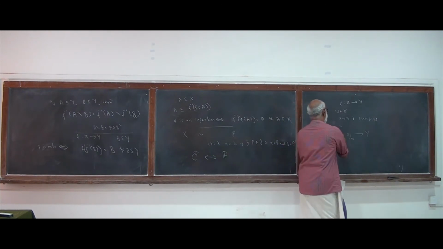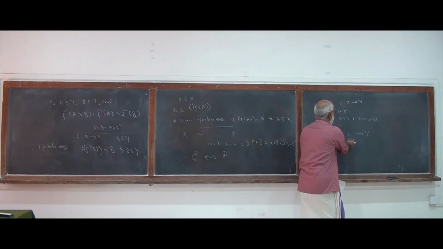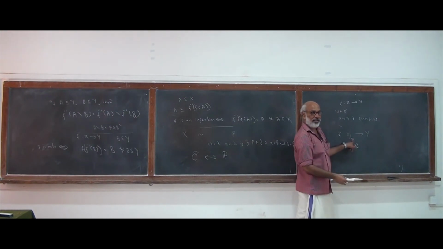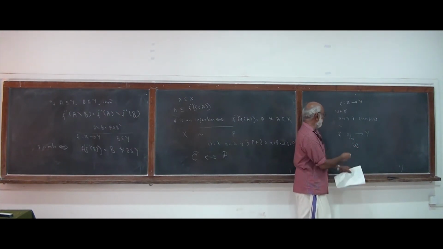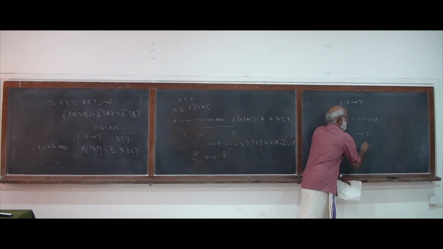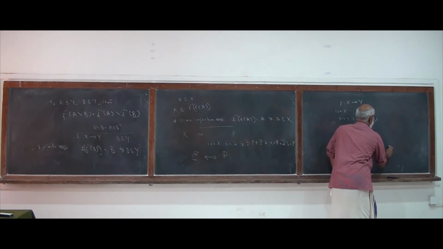Let me call that function f tilde. Here an element will be an equivalence class, and I want to define the image of that equivalence class. I define f tilde of x to be equal to f of x for every equivalence class.